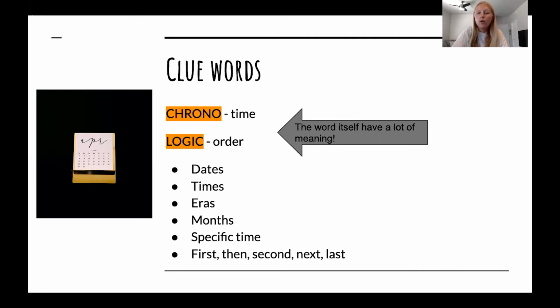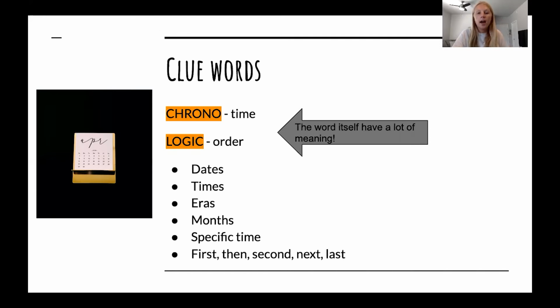We have chrono, which means time, and logic, which means order. And chronological order means the order of the text is told in the order in which it occurred, through the time that it occurred, through the dates that it occurred. So the word itself actually has a lot of meaning, which can help us remember what exactly chronological order means.